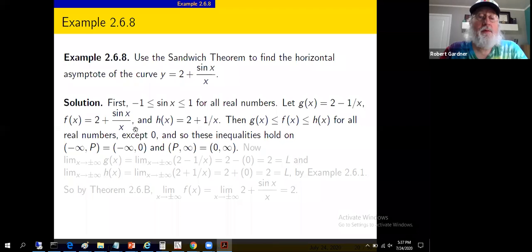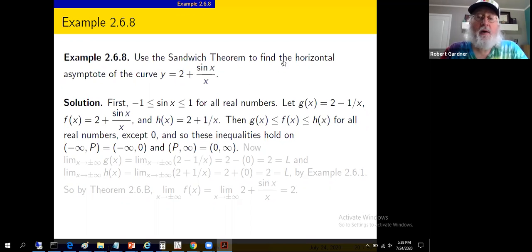Then, since the sine function is sandwiched between negative 1 and 1, the f of x function, 2 plus sine x over x, will be sandwiched between the g and the h function. G of x is less than or equal to f of x is less than or equal to h of x. This will hold everywhere, well, except at 0, because we can't let x be 0. So this actually holds for all x values.